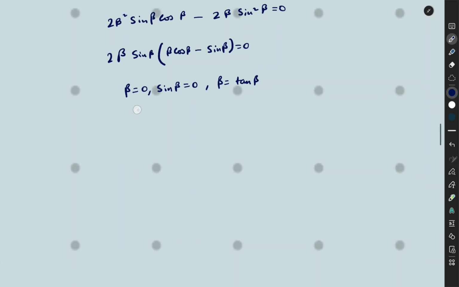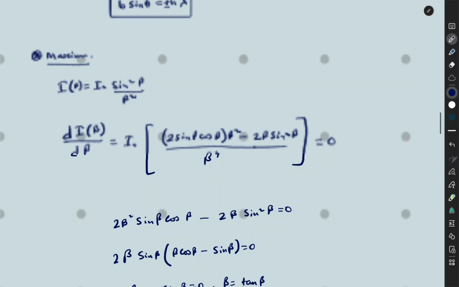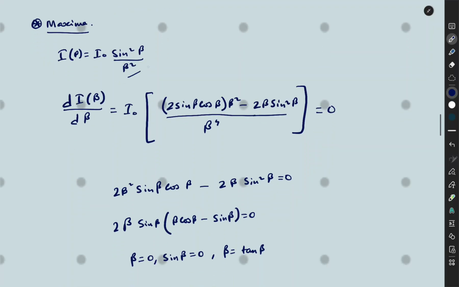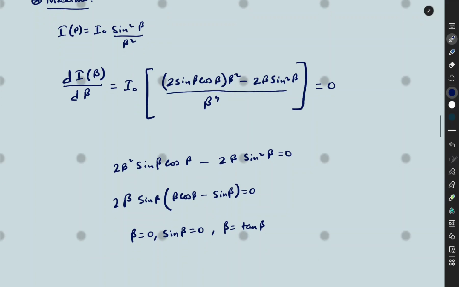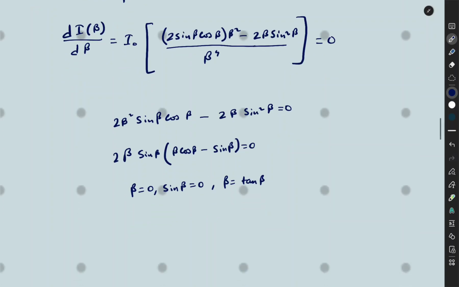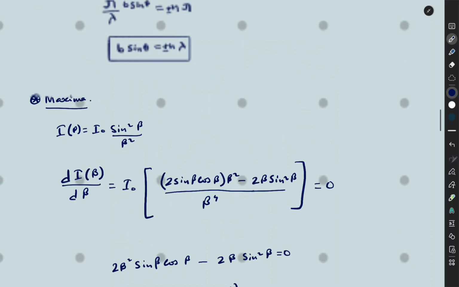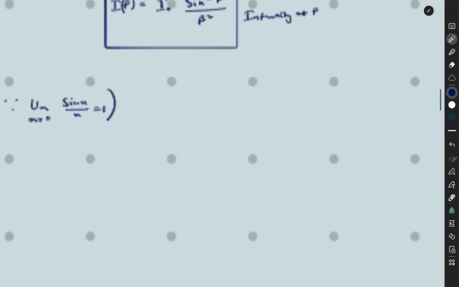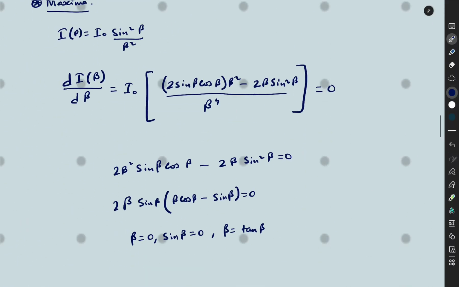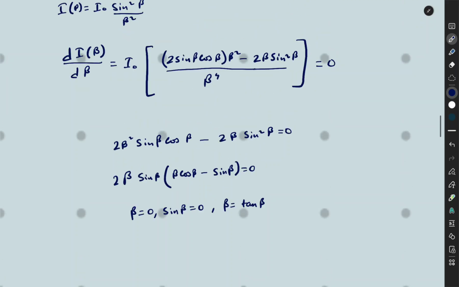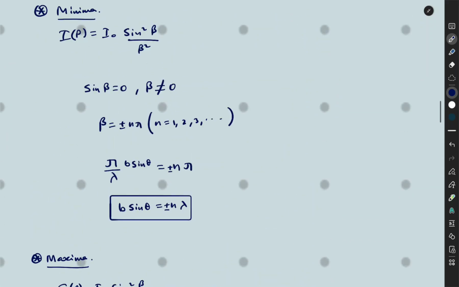Now this first case is not possible, because if beta becomes 0, it will be an indeterminate form. Sine beta cannot be equal to 0, because that is the condition for minima.